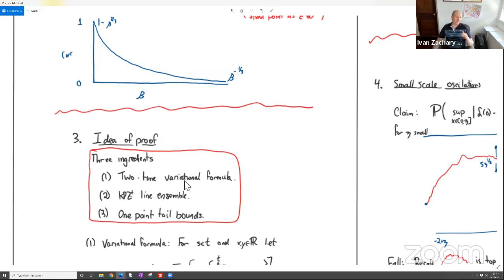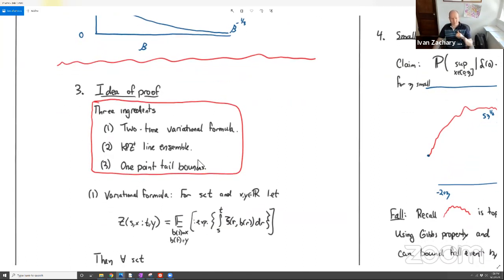I'll first describe a variational formula that represents the two-time distribution in terms of two independent solutions to the KPZ equation. Because of that, I can represent the two-time distribution in terms of two KPZ line ensembles, and I can use the line ensembles to study the variational formula. The third thing I need, which I'm not going to go into, is one-point tail bounds.